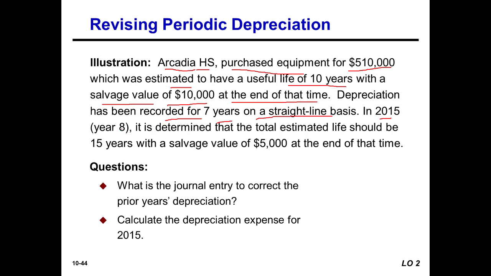In 2015, that means starting the 8th year, it is determined that the total estimated life should be 15 years, with a salvage value of $5,000 at the end of that time. The question: what is the journal entry to correct the prior year's depreciation? And number 2, calculate the depreciation expense for 2015. Just a very simple example.